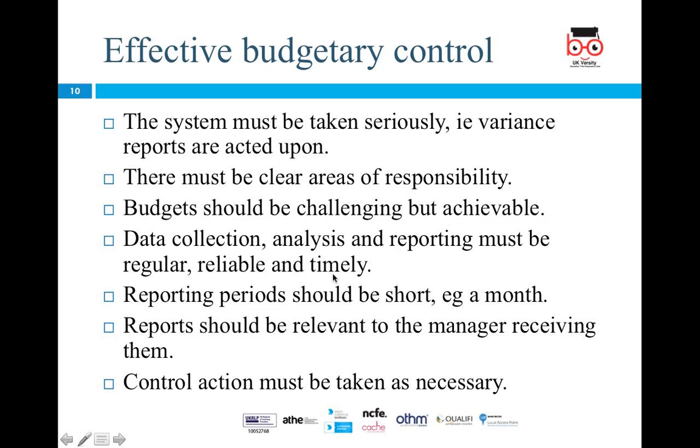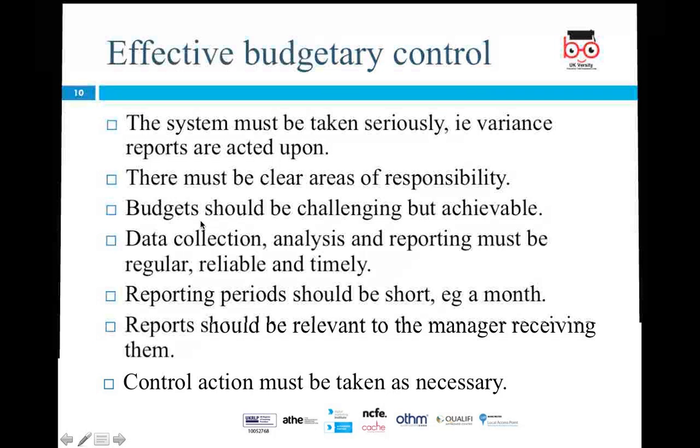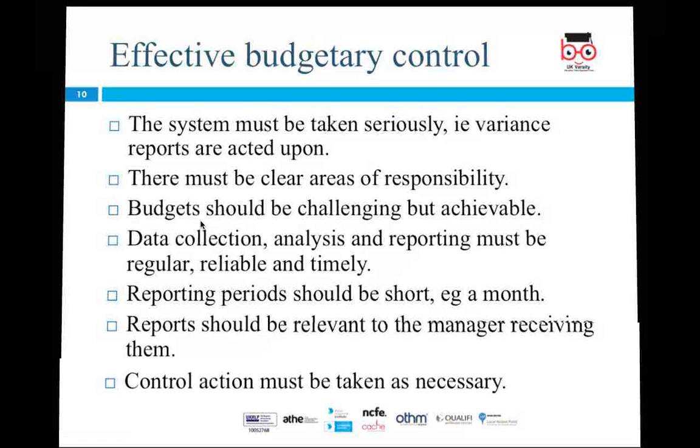Research, data collection, analysis, and reporting must be on a regular, reliable, and timely basis. The reporting period should be short, not more than a month, because if it's more than a month, it will give more complications in achieving the business objective. Reports should be relevant to the manager receiving them, and control action must be taken as necessary when it's possible. So these are quite a few aspects of effectiveness and efficiency in controlling the budget.